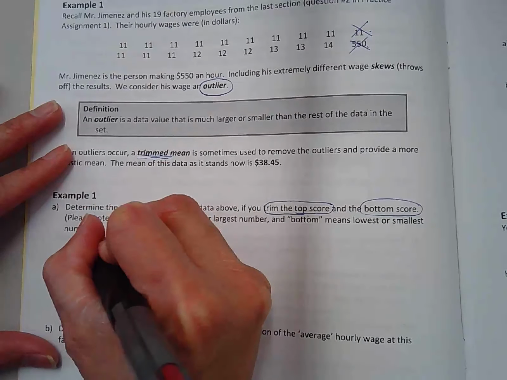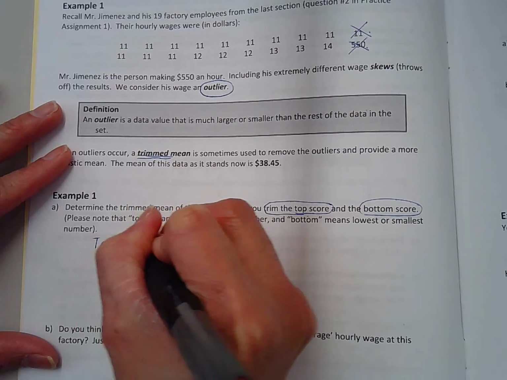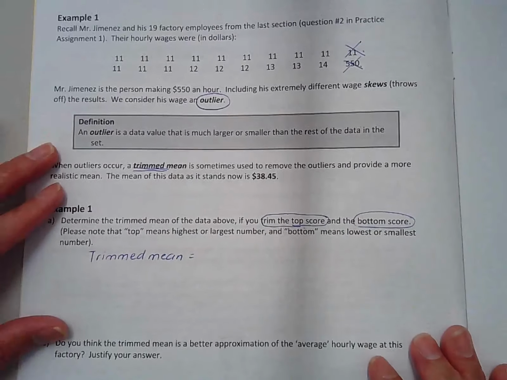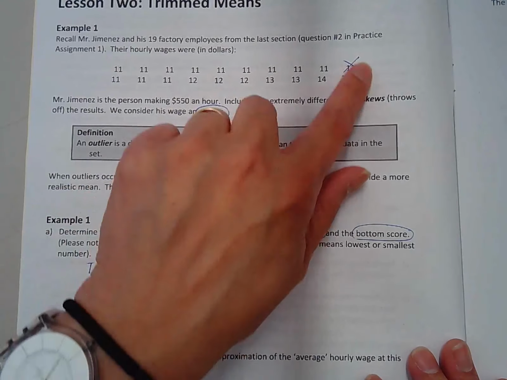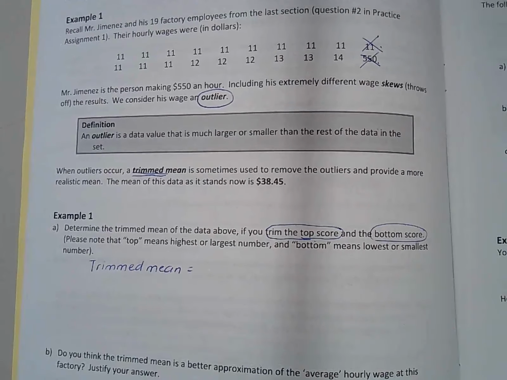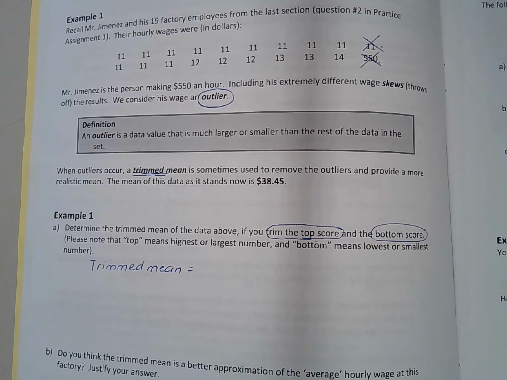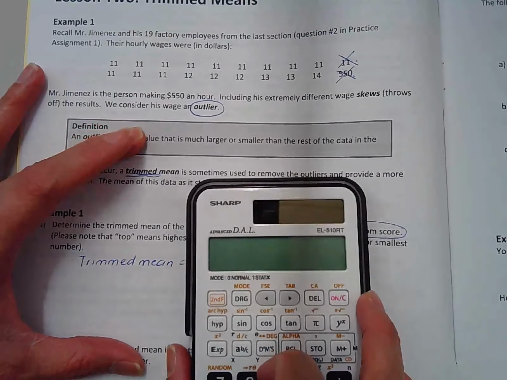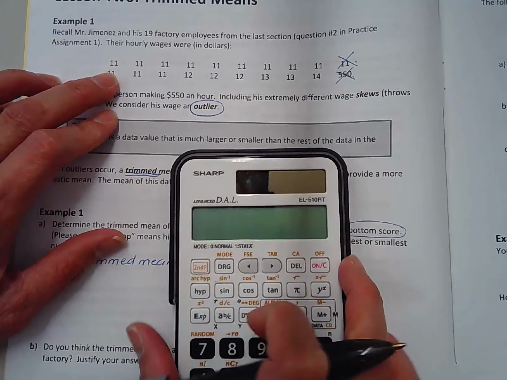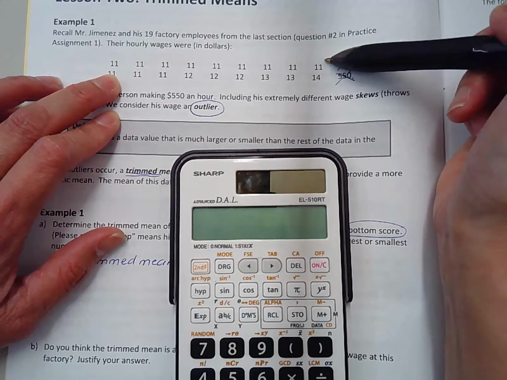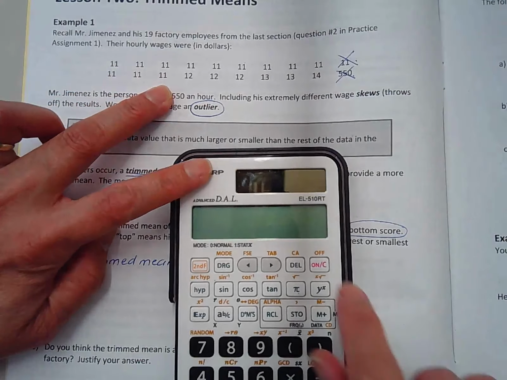So trimmed mean, we're going to add up all of what remains. Add up whatever is remaining. Sum of the data. So you go 1, 2, 3, 4, 5, 6, 7, 8, 9, 10, 11, 12.